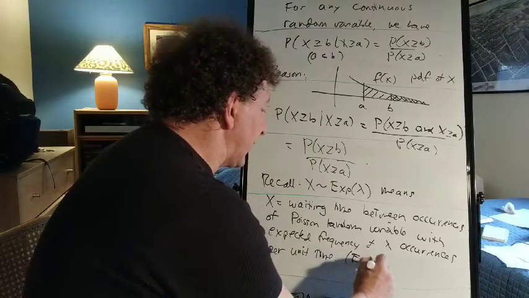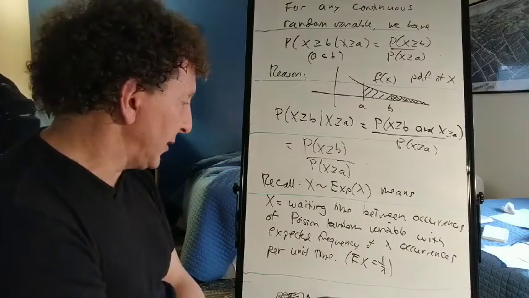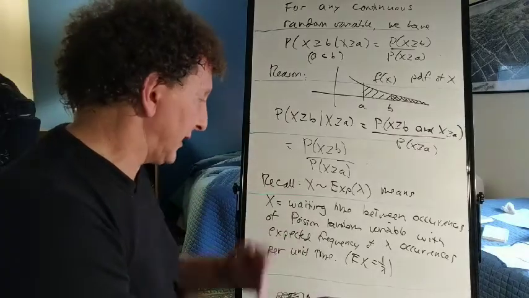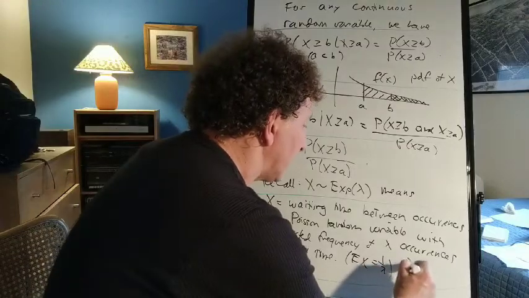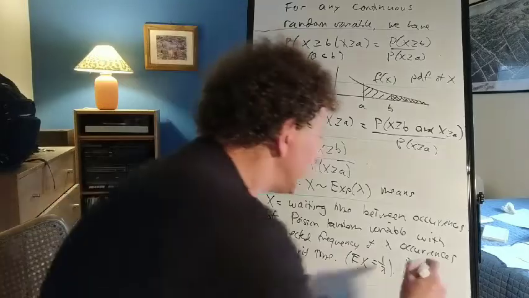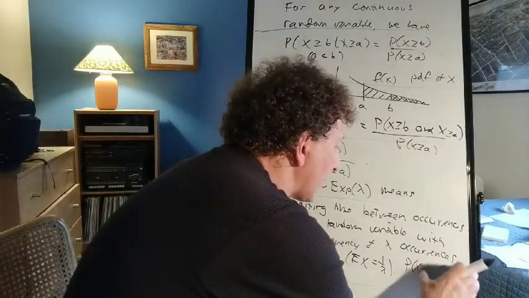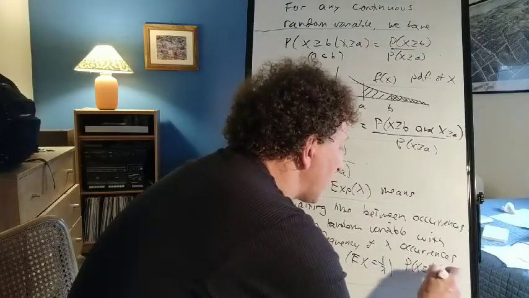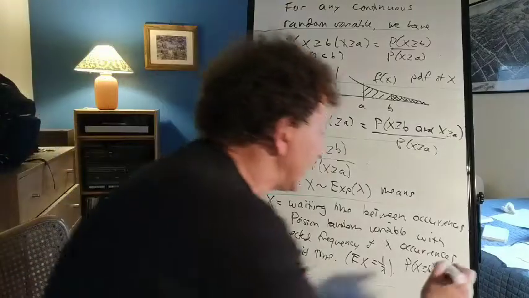That means the expected value of x is 1 over lambda. So if we expect 3 occurrences per unit time, that means we expect to wait 1/3 of a time unit to get the occurrence. And the probability that x is greater than or equal to k is e to the negative lambda k.